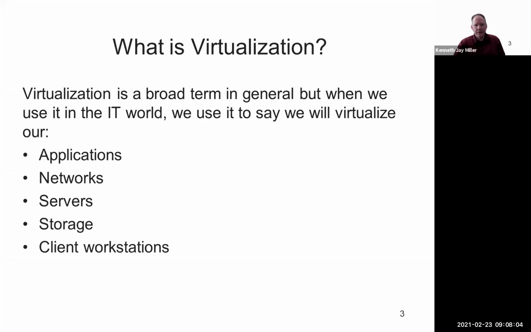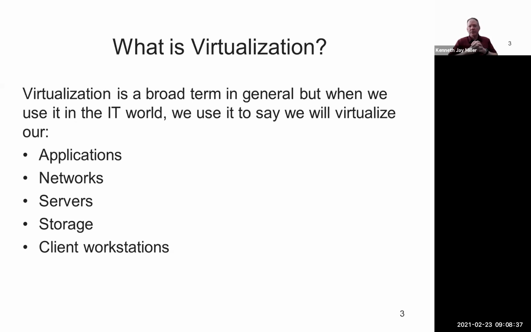So what is virtualization? One of the key things we need to understand is, when I tell students we're going to talk about the cloud, a lot of CNET students say, yeah, I know what the cloud is, it's where you share or store files. Well, the cloud is way more than just file storage. There are all kinds of elements to the cloud: platform as a service, infrastructure as a service, software as a service.